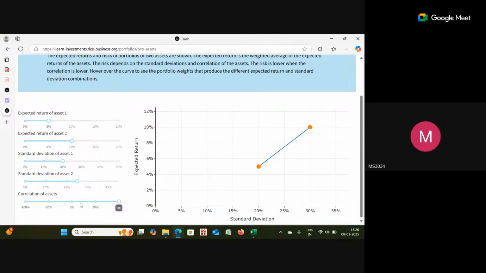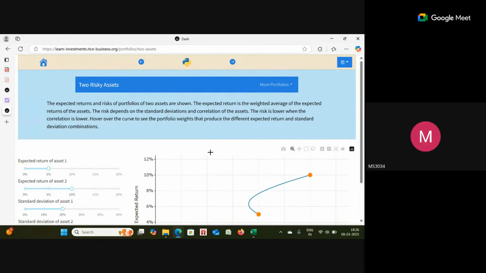Okay, we were looking at the case where your correlation between them was 20%, then this is the shape of the minimum variance set. And this is the two risky assets case. I would recommend you to go to this platform and see how different variables impact the shape of this minimum variance set.